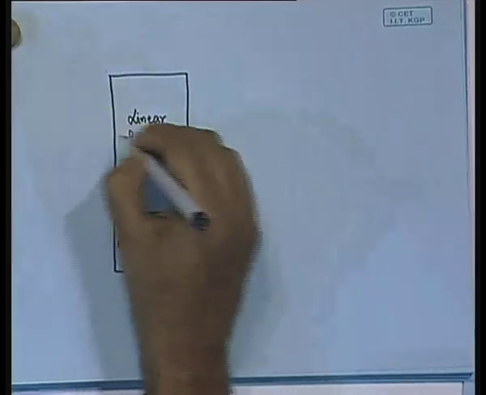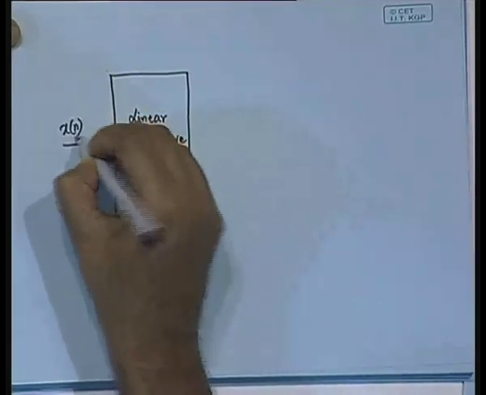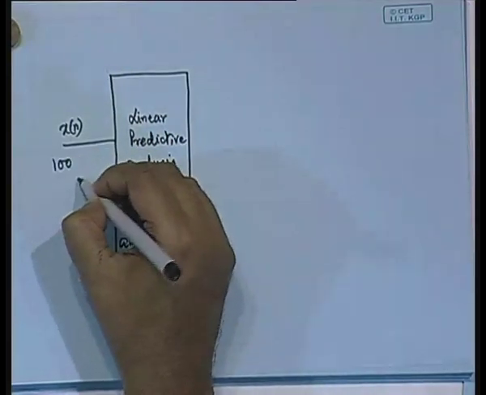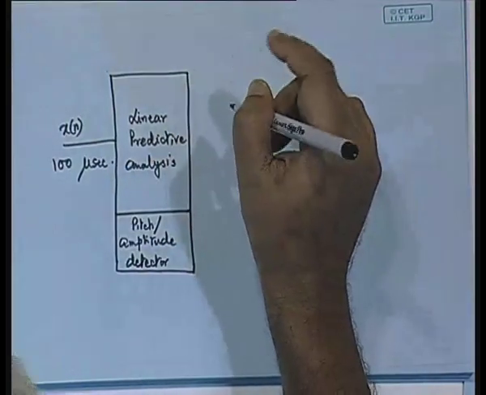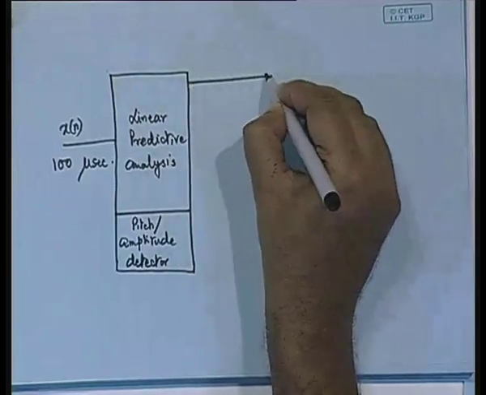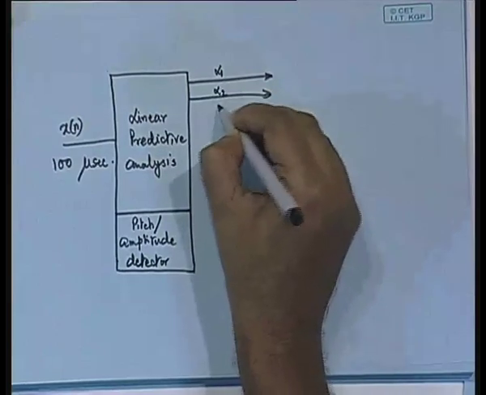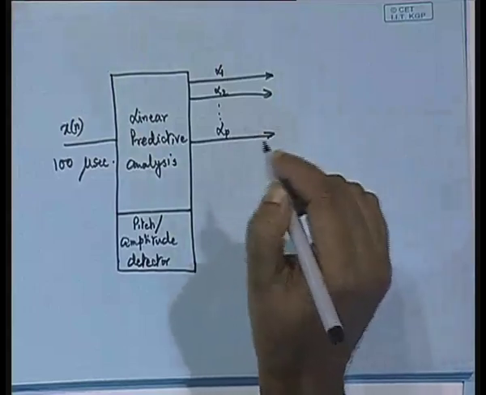The input to this is going to be the same x of n, and this x of n is still sampled at 100 microseconds. If the rate is 10 kilohertz, that is 100 microseconds. Now, the linear predictive analysis is definitely going to give us alpha 1, alpha 2 up to alpha p's, as before.